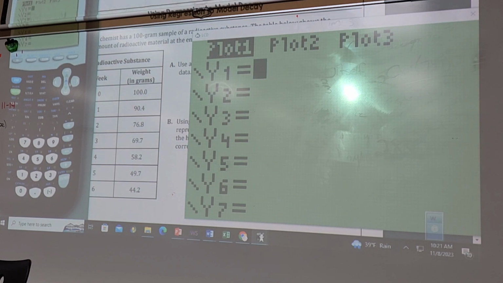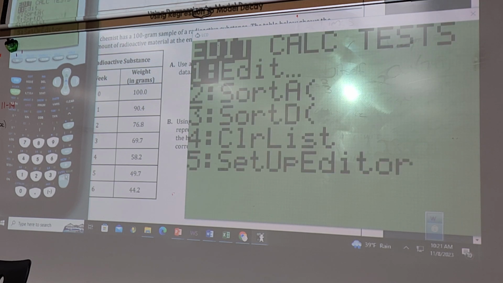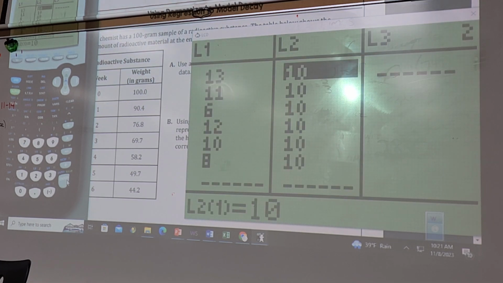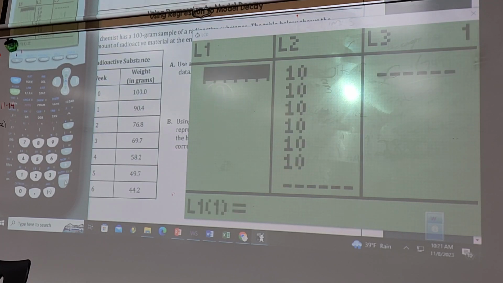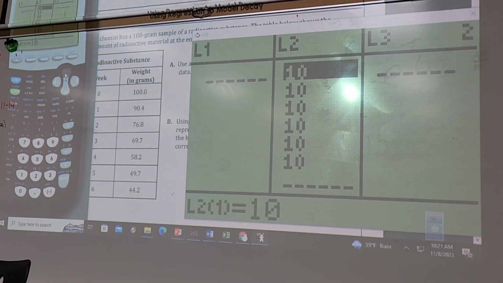So what I'm going to do is hit the stat button, then Edit. Do you see how I have an L1 and an L2? If you want to clear the list, go up and highlight your L1 and hit clear, and it will clear everything out for you. Go up to L2, hit clear if you have data in there.